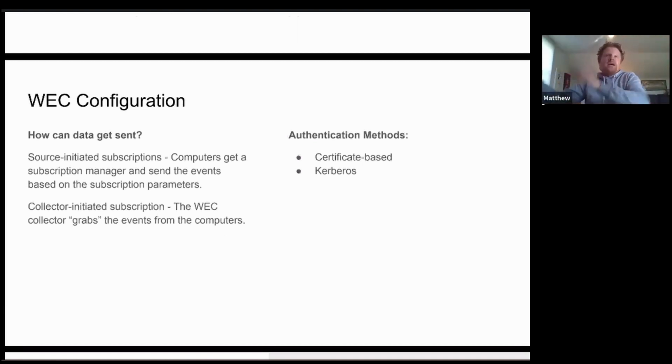Or you can do the inverse, where the collector, the server, goes in and fetches data from the endpoint. For the scope of this conversation today and how Cribl designed it, source initiated is all you can do, which is actually, in my opinion, a better way. If you wanted to use native Windows Event Forwarding, which I don't know why you would, collector initiated is definitely something you can do.